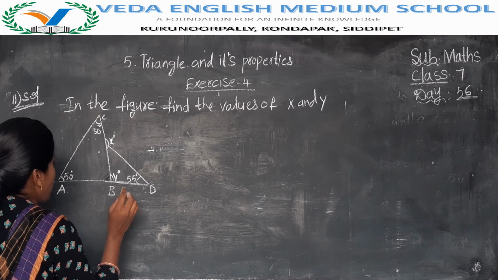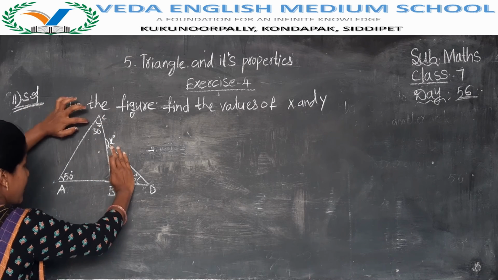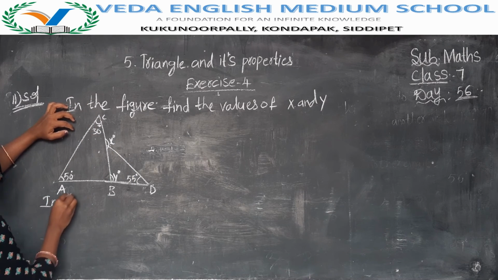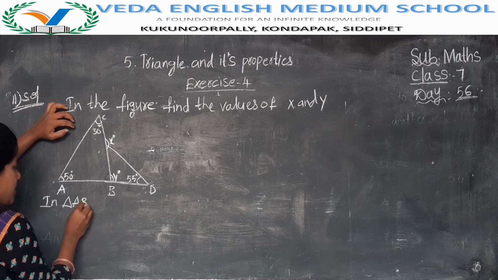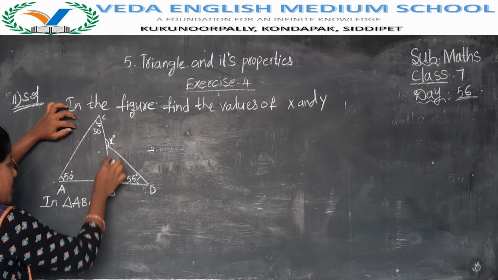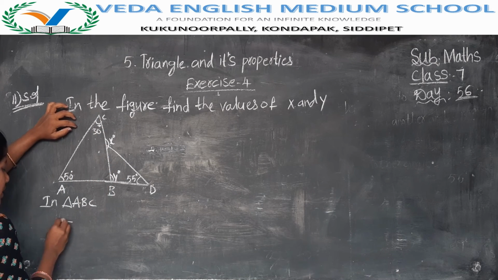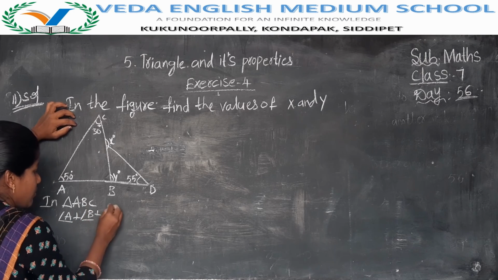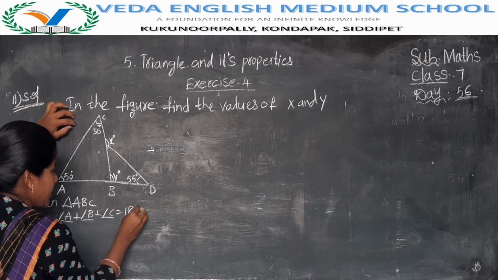So first we will take triangle ABC. In triangle ABC, by adding A plus B plus C we should get 180 degrees.